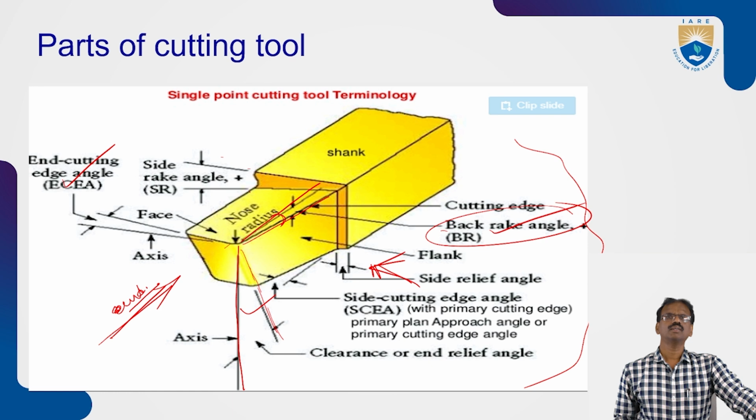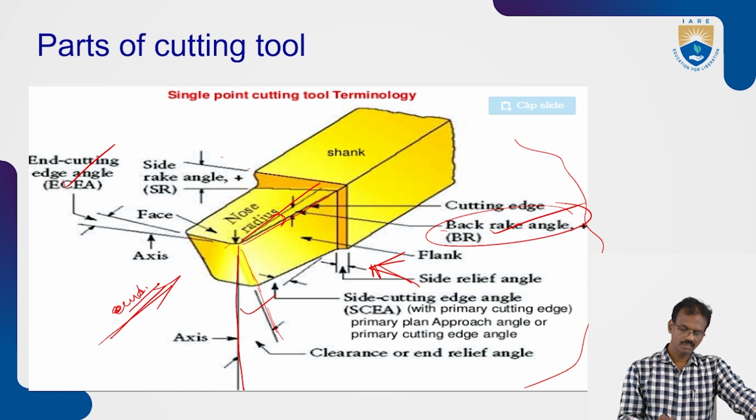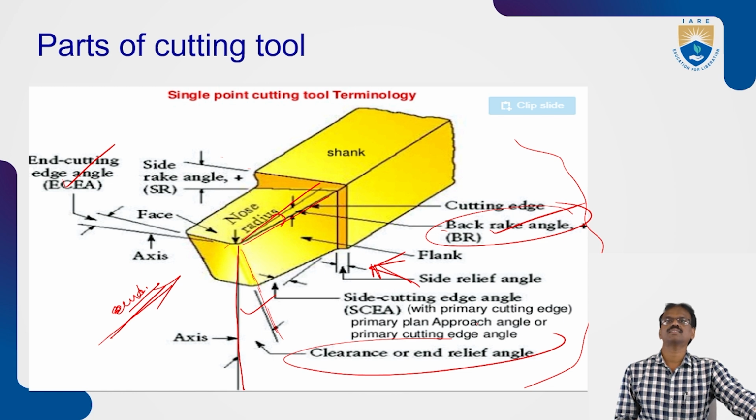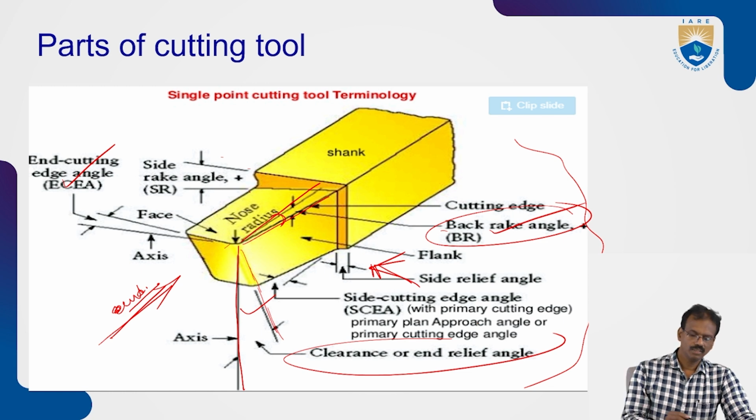This is nothing but the clearance angle, the end relief angle or clearance angle. This one is very important. It is the angle between the line which is perpendicular to the base of the tool and this surface, the vertical flank surface.